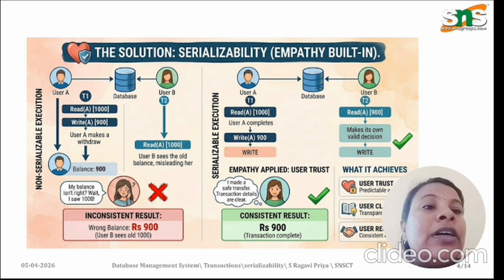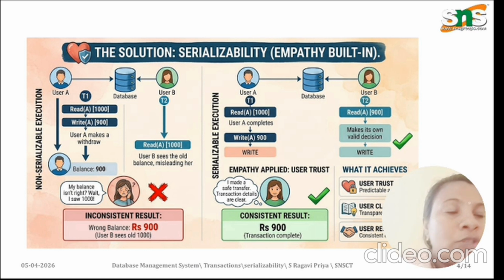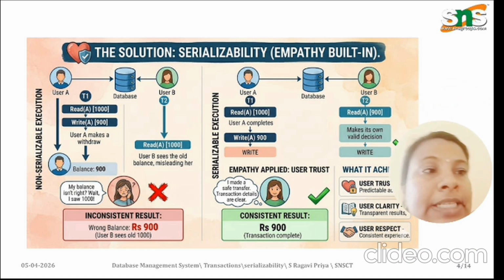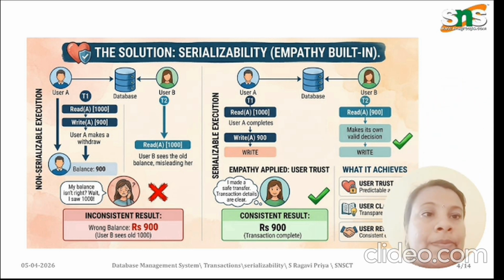Then we say it is a serializable execution. Here they are saying, I made a safe transaction, details are clear. So this leads to a consistent result. The transaction gets completed. What serializable execution achieves is user trust, predictable action, then user clarity, transparent result, and user respect, consistent experience.